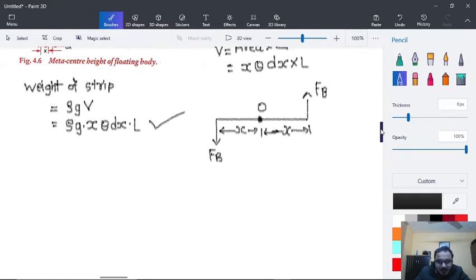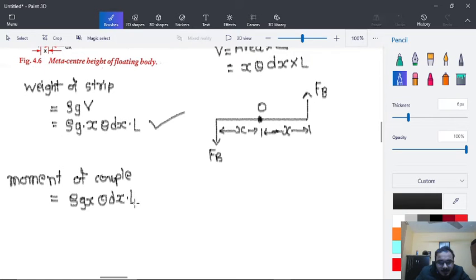So we can calculate the moment of couple. That will be equal to rho g x theta dx L into 2x. Why 2x? Because the total distance is 2x over here.